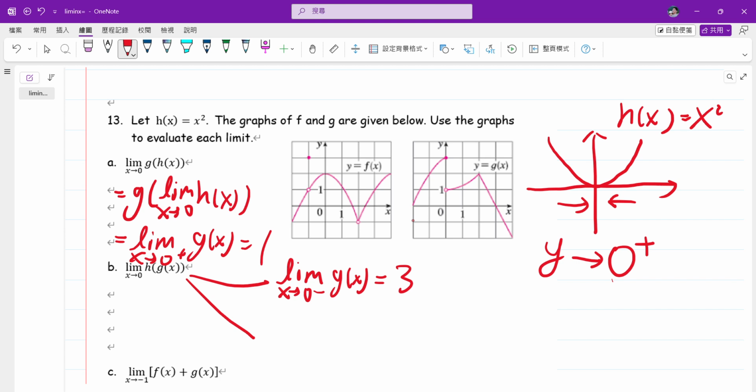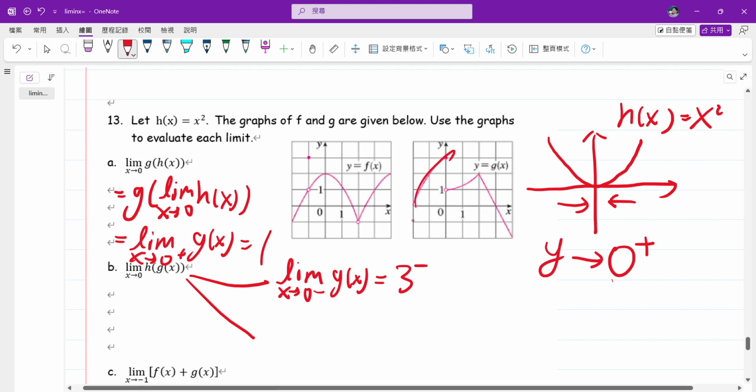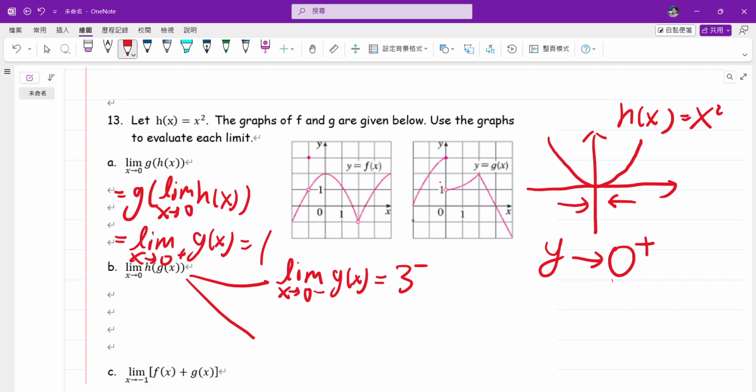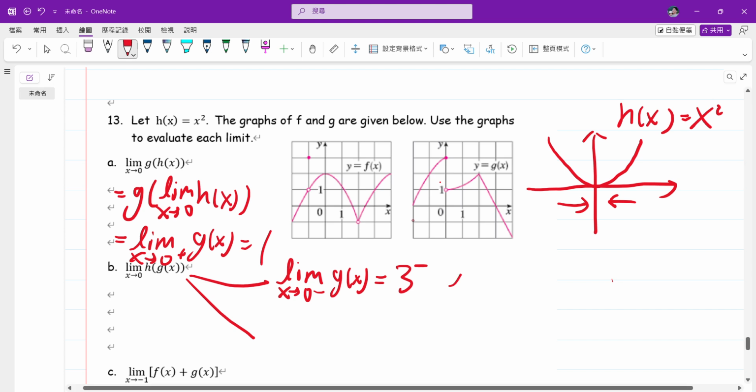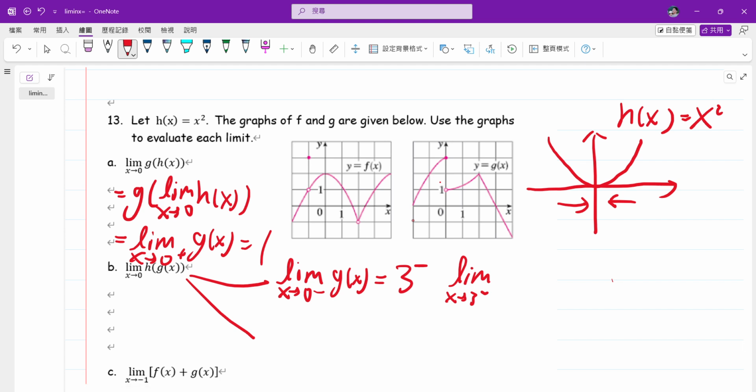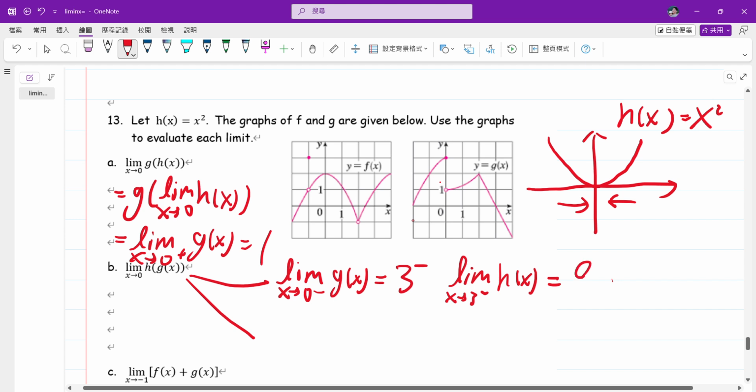Approach 3, like this. So that's approach 3 from the negative side. It doesn't matter, but I just want to let you know that's approaching 3 from below, like 1, 2, 3. So from below, so from the negative side. And the limit x approach 3 from the negative side of h of x equals 9.